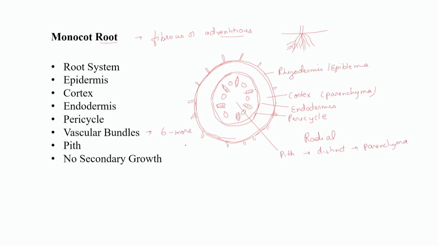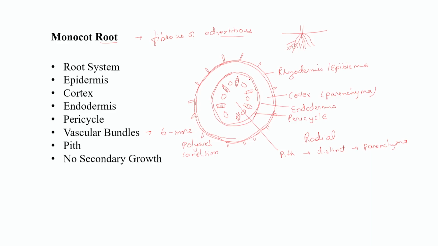This type of condition is known as polyarch condition. They will alternate, see xylem and phloem, they will alternate in a ring-like arrangement.